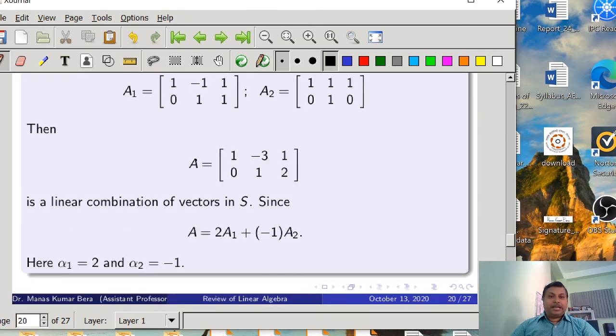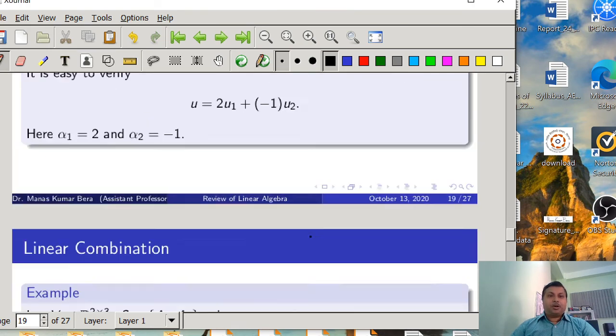So the vector A, which belongs to the vector space V, is a linear combination of these two vectors A1 and A2. So this is the concept of linear combination.